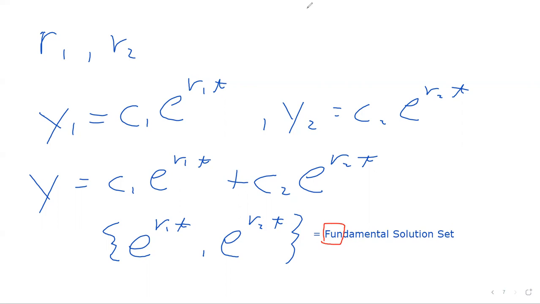So let's do two of these, two examples. We'll do one that's just general, so we won't have to necessarily find our C's for this one. We have y double prime plus 3y prime plus 2y equals 0.